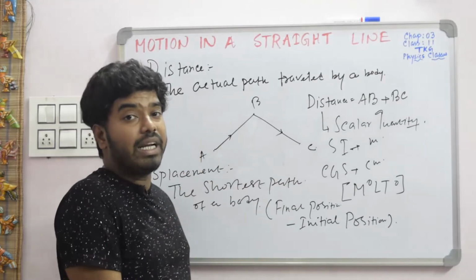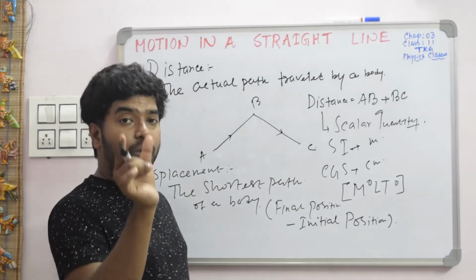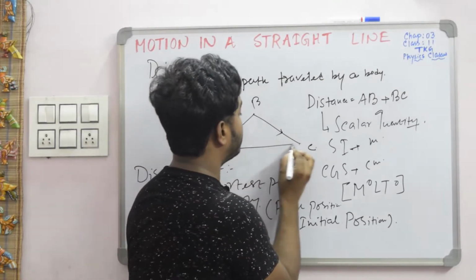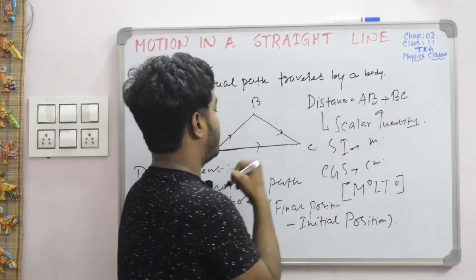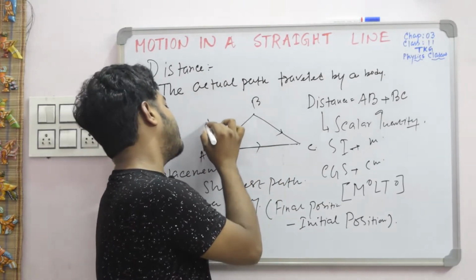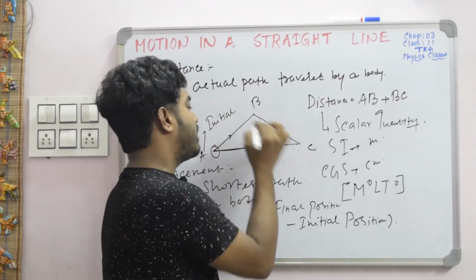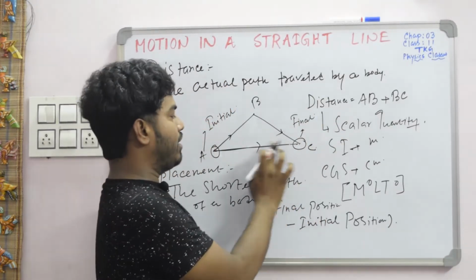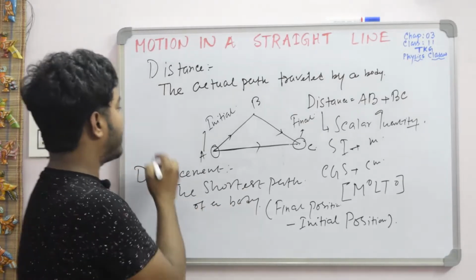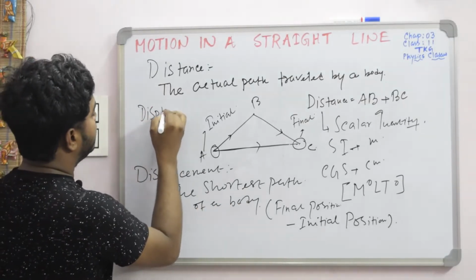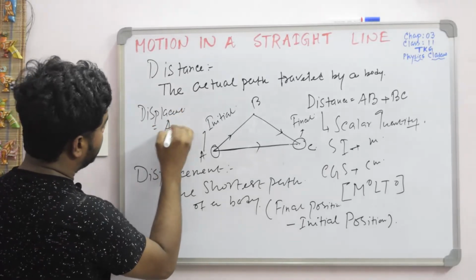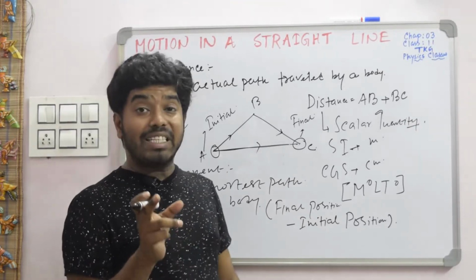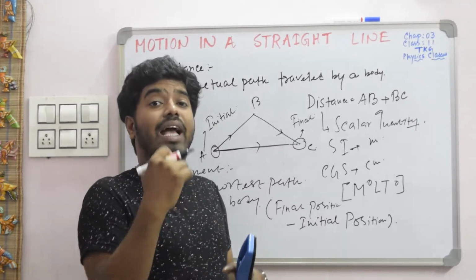But what is the displacement for this case? That is the shortest path, so A to C, this line. Starting point A is the initial point, ending point C is the final point. So displacement, final minus initial, is equal to AC. Clear?